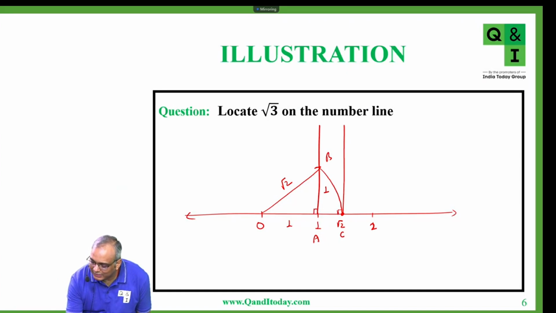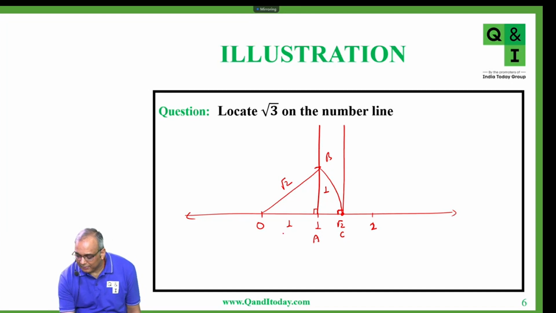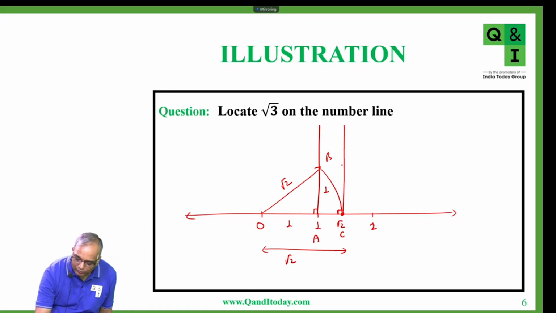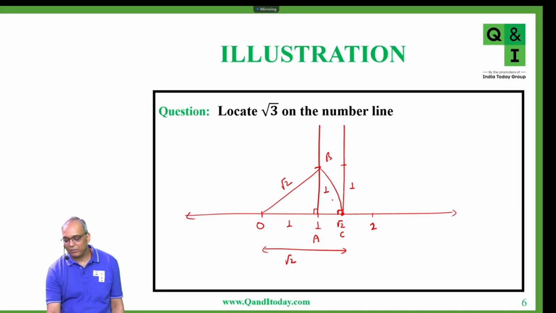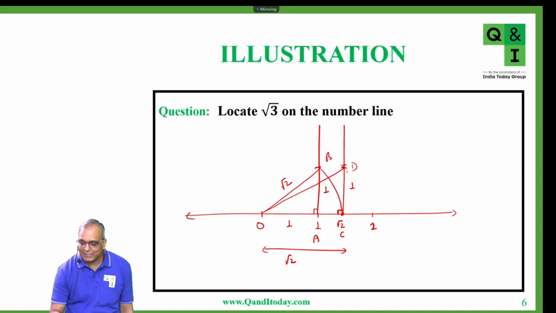We'll draw another triangle with perpendicular here. And because this distance OC is root 2, we are going to again plot 1 unit on the perpendicular point, and then we join this. Let's say this point is D.